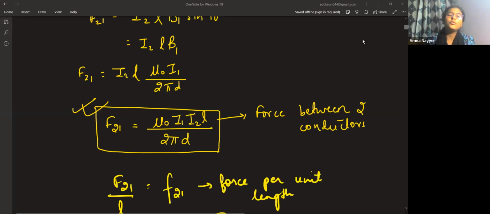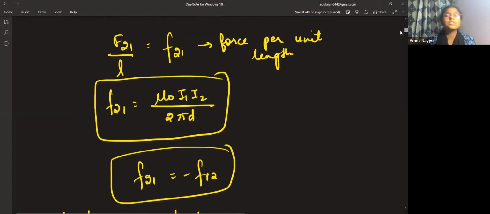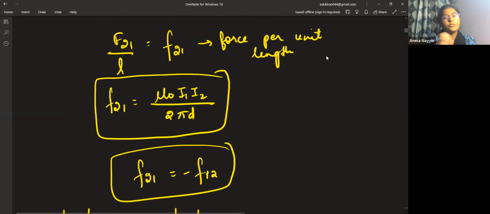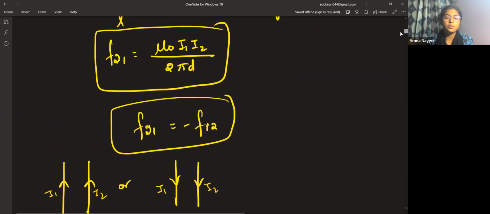Sometimes instead of the above formula, we use this force per unit length, mu naught I1 I2 by 2 pi D. Also, this was the force on 2 due to 1. If you want to find the reverse, just put a negative sign, values will be the same. F21 is equal to negative of F12.